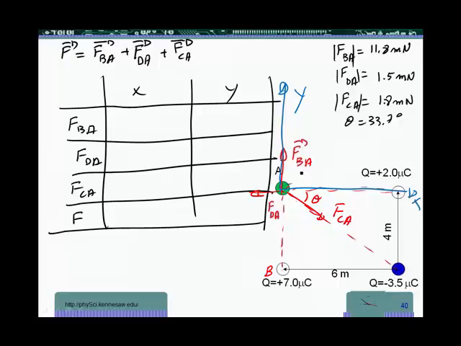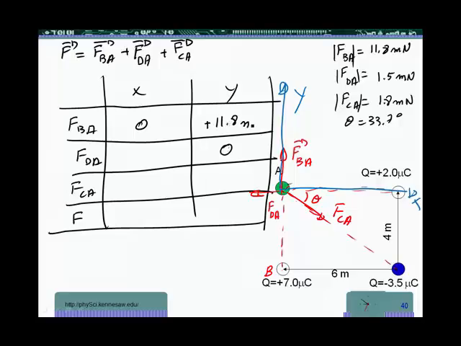You notice that FBA is along the y, so its x component is 0. FDA is along the x, so its y component is 0.